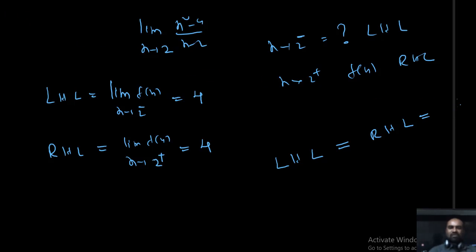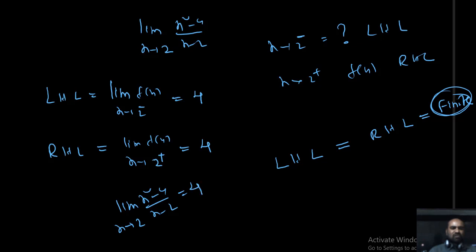Equal to finite. It means LHL should exist, RHL should exist, both should be equal and both equal to a finite value. Then you can say that the limiting value of the function is this finite value. So through this definition, I can say the limiting value of x square minus 4 by x minus 2, where x is approaching 2, is 4.